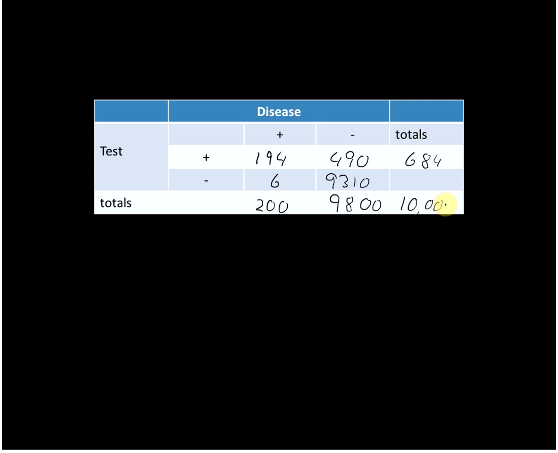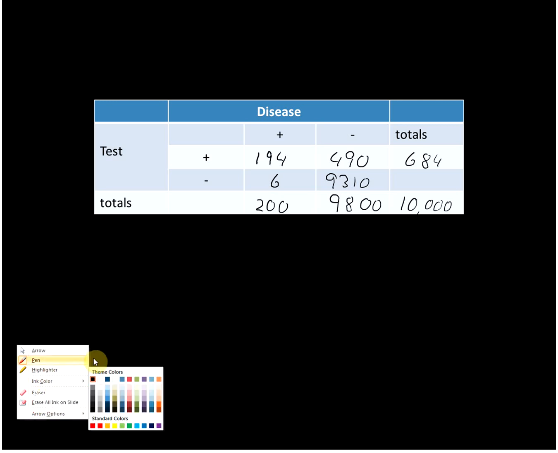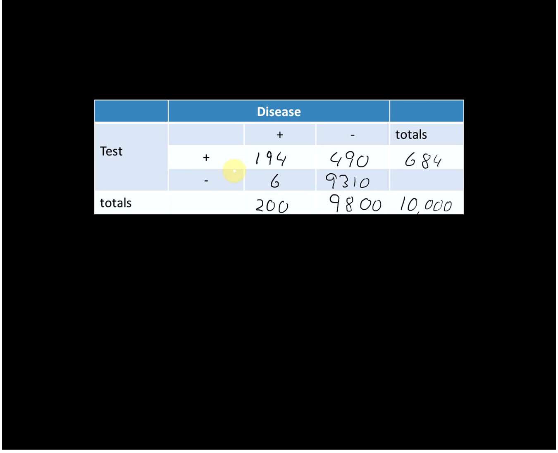That was our population. We could have chosen any other number, but this is simply what was probably easiest in this case to choose, so that we get whole numbers. Now, the first thing that we can calculate, or that we almost know already, is a term that is called prevalence of the disease. And the prevalence tells us how many people in the population are affected by the disease.